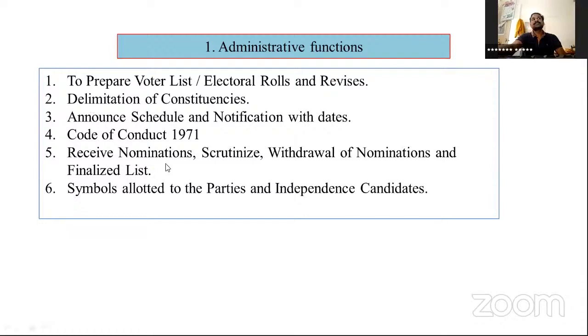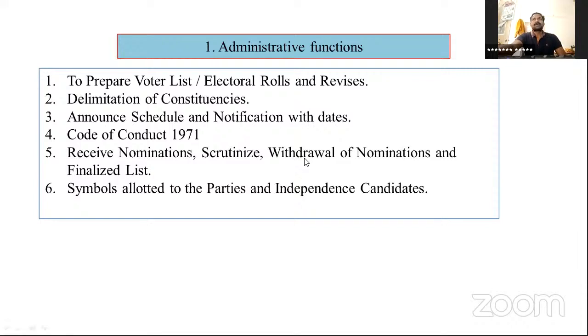Receive nominations. The election officer receives nominations from the contesting candidates or independent candidates, whatever it is. Then he scrutinizes the nominations and gives time for withdrawal of nominations, and invalid nominations are rejected automatically by the election officer.